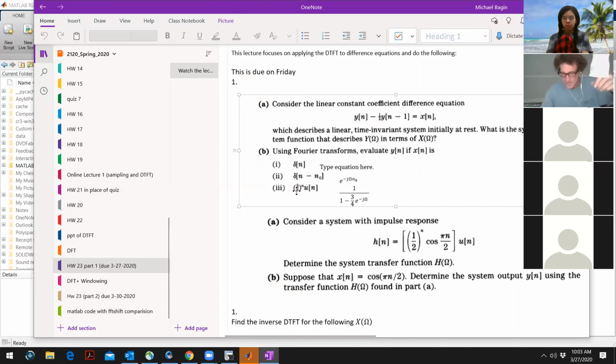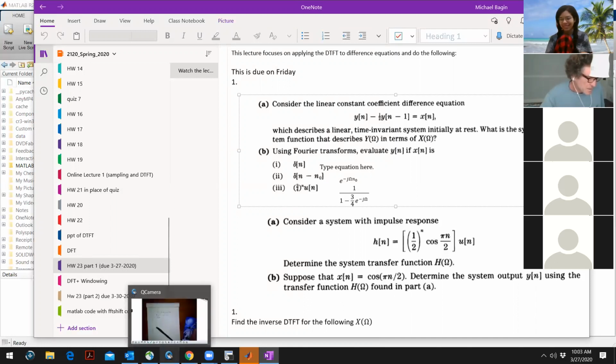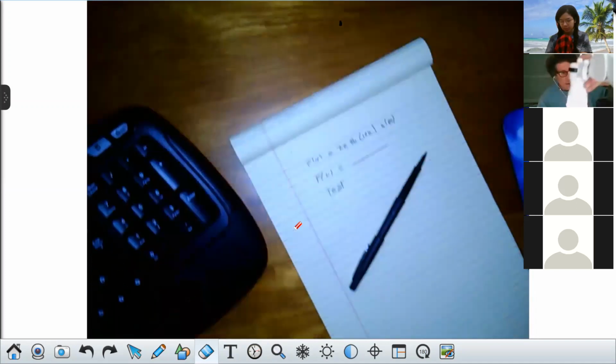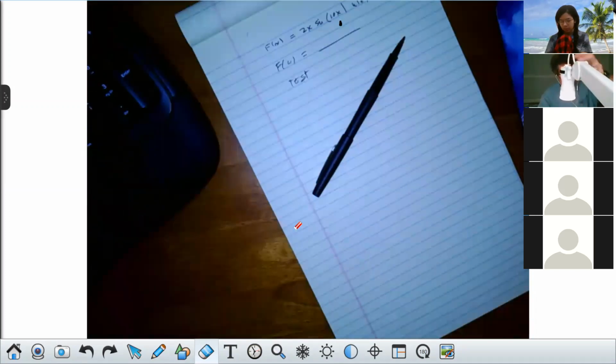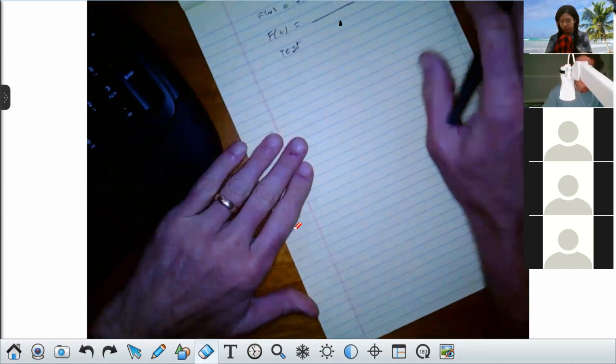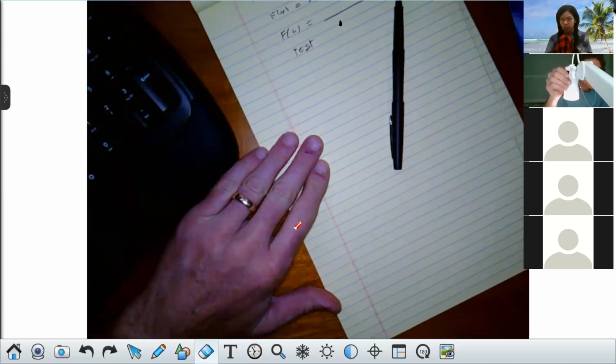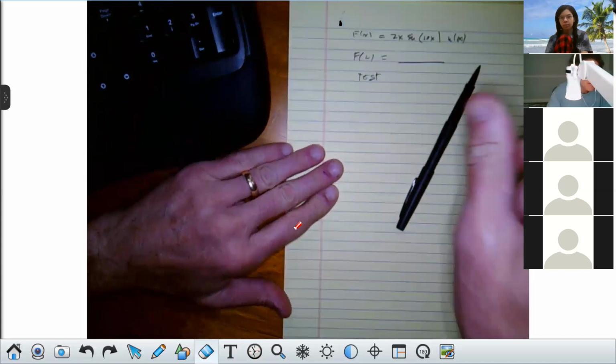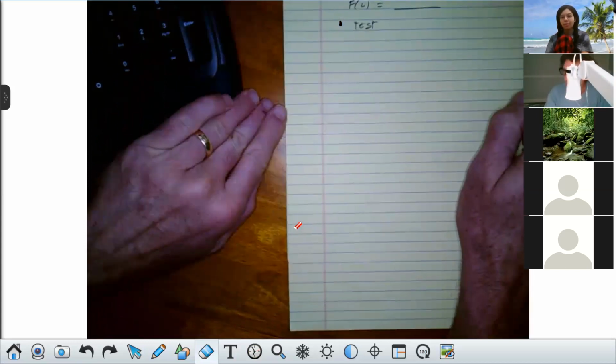Let me try to do this on a doc cam. This is a good doc cam. I can rotate this any way I want. Now, can you all see that screen okay? Yes, we can see it.